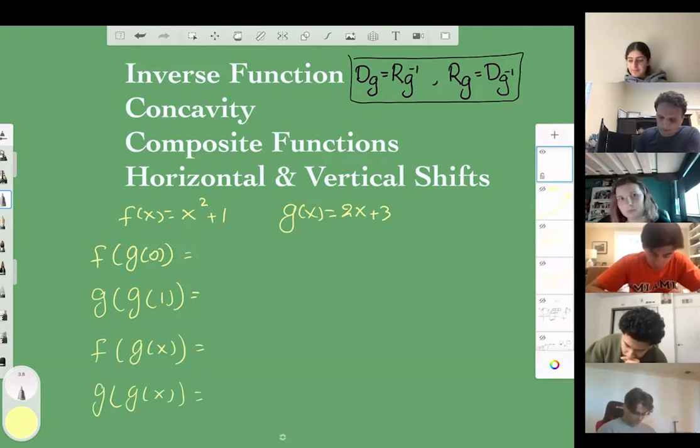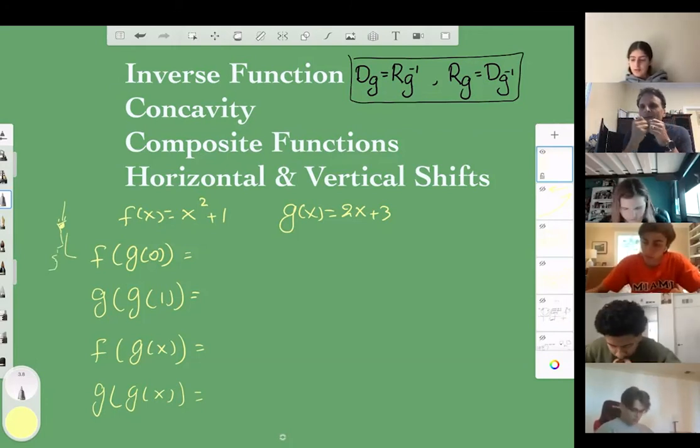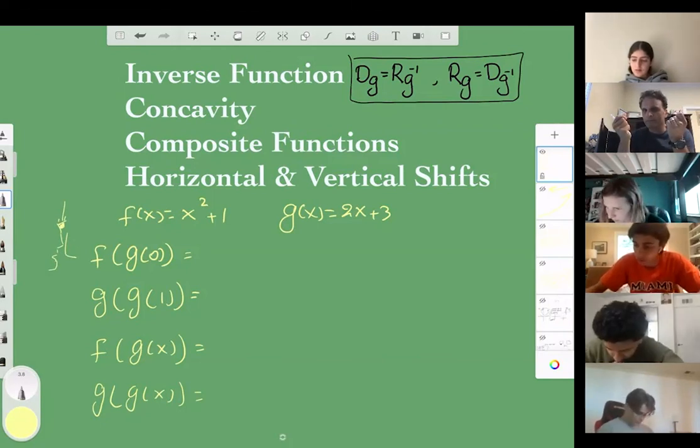So when you look at the question, you need to differentiate it. By the end of the course, you're going to learn so many different topics. This one, we are composing two different functions.